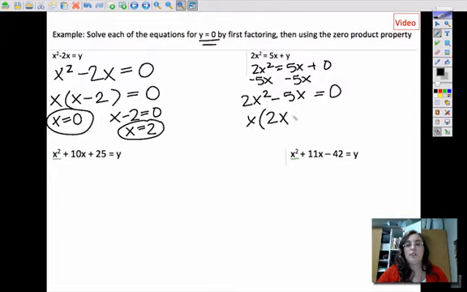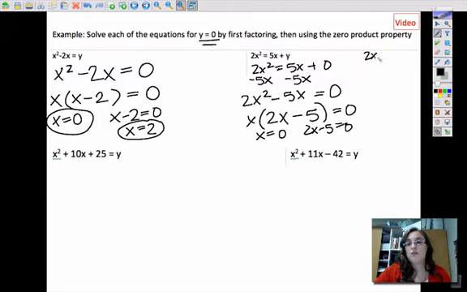There's a 2x left and a 5 left, which means that either x equals 0 or 2x minus 5 equals 0. If 2x minus 5 equals 0, I add 5 to each side, I get 2x equals 5, divide by 2, I get x is 5 over 2, or 2.5, as my two answers to this one.